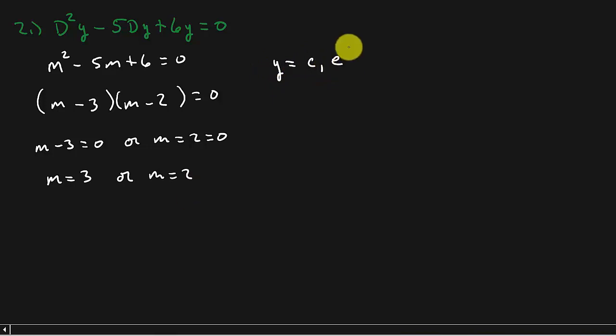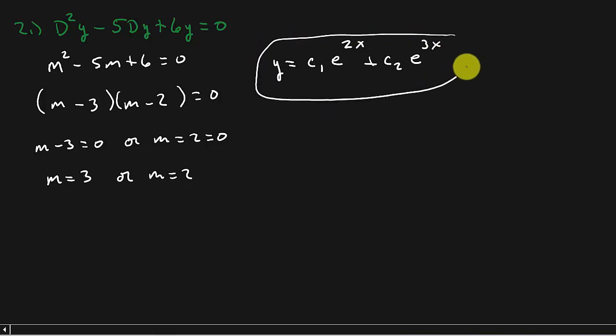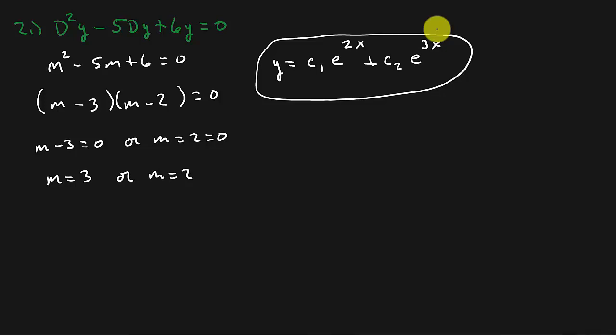Let's go with the 2. Plus c2 e to the m2. We'll call that 3. I'll write this one in increasing order. And so there's your solution. So you can see it's not difficult to do. It's really pretty easy.